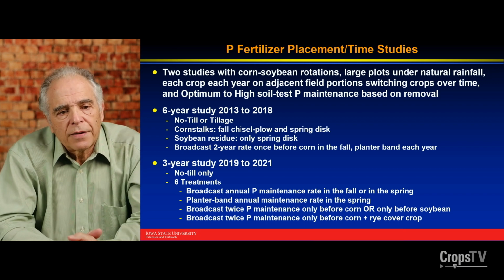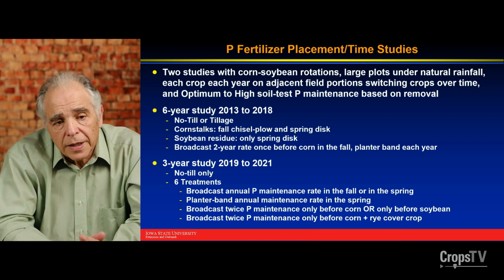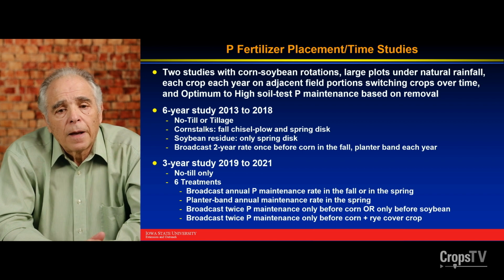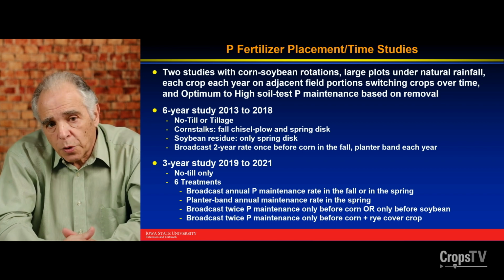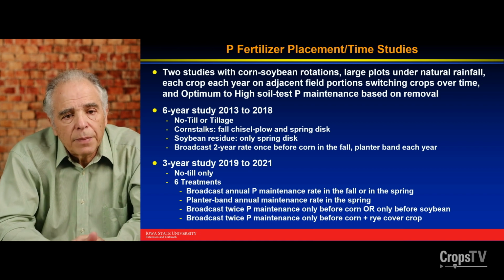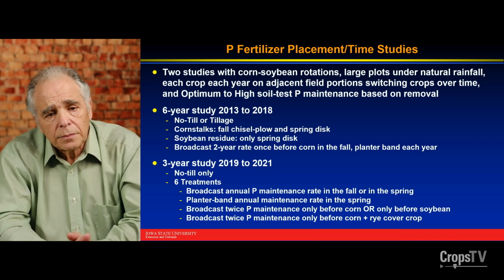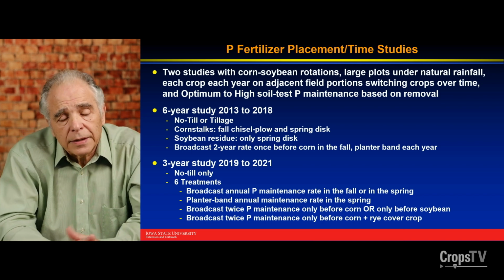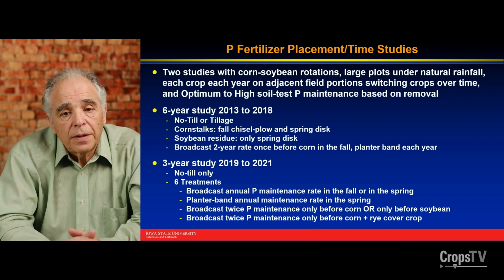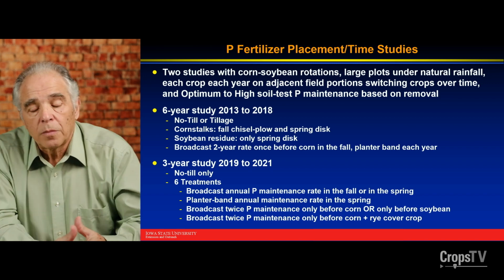So in this case, we have 6 treatments that I listed there. Essentially, we broadcast the annual maintenance P in the fall or in the spring, which we didn't have before. We have the planter band annual maintenance for each crop in the spring. Then we have broadcast twice the P maintenance, but only before corn, every other year, or only before soybean.